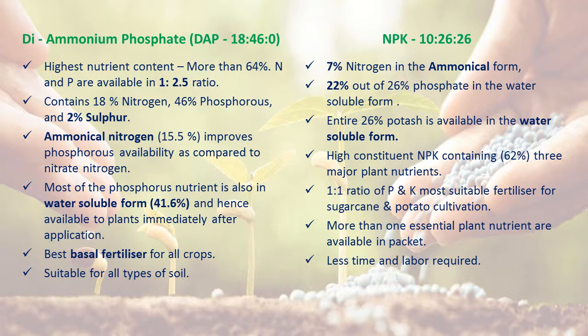If we add the three NPK values, that is 62%, the highest constituent of NPK, and it is a 1:1 ratio of P and K, and it is more suitable for sugarcane and potato cultivation, and it requires less time when labor is required.